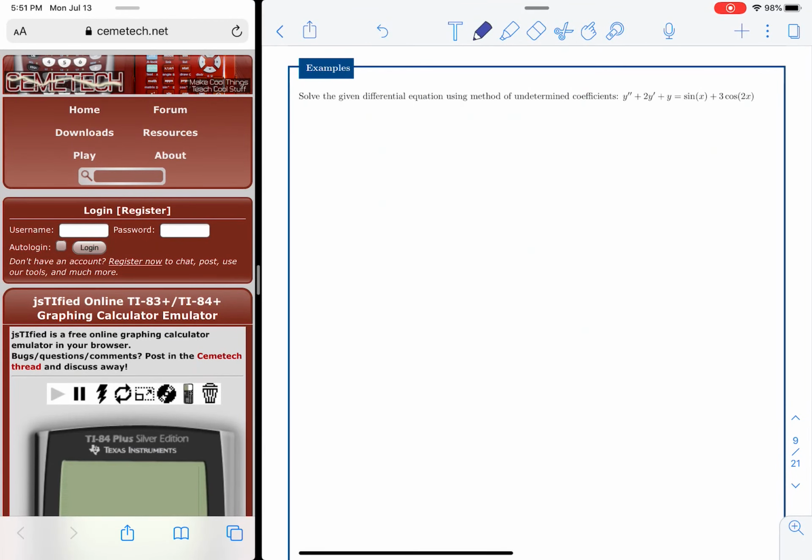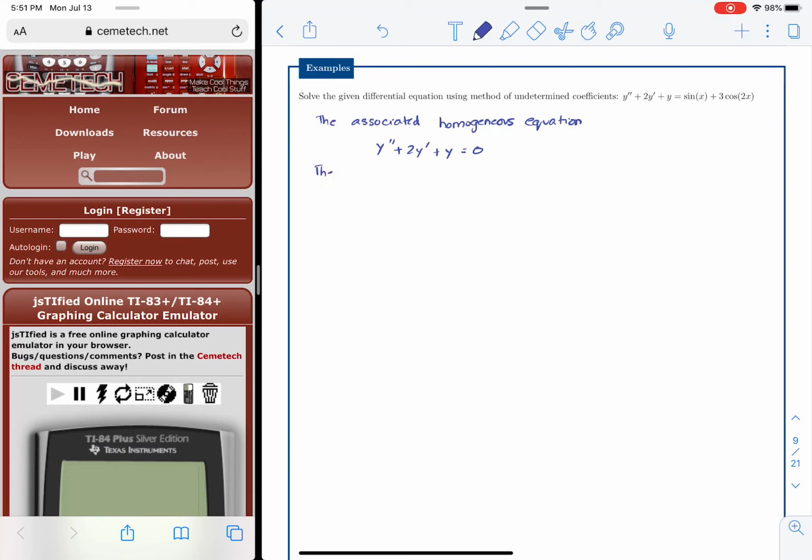So here we have another differential equation, non-homogeneous second order. So the first step is to come up with the associated homogeneous equation, which is y double prime plus 2y prime plus y equals 0.